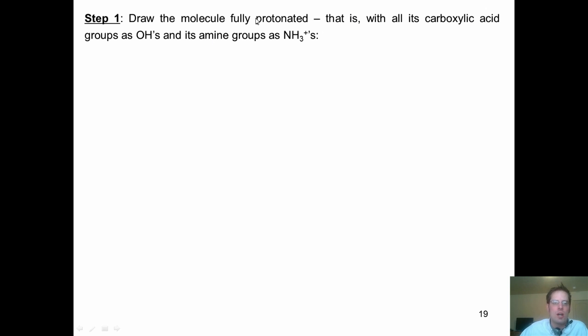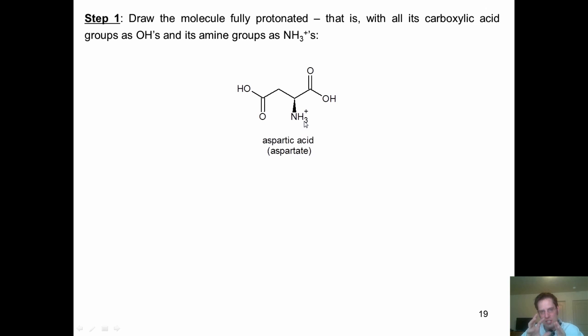That is, with all its carboxylic acid groups as OHs and its amine groups as NH3 pluses. So here's what aspartic acid, or aspartate, looks like. Now remember, aspartic acid has an OH in its side chain too, and an OH in its carboxylic acid group that all the other amino acids have, and an NH3 plus. So this is step one. We draw it fully protonated.